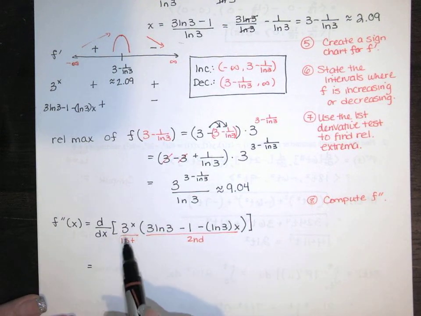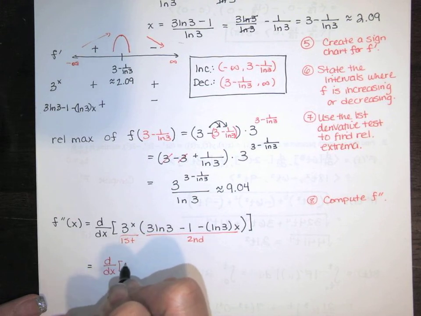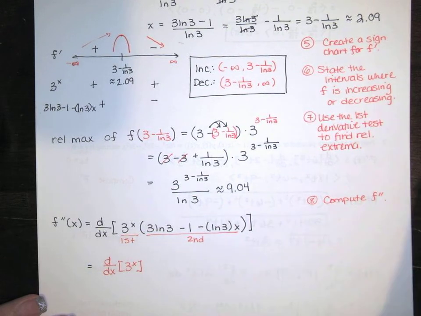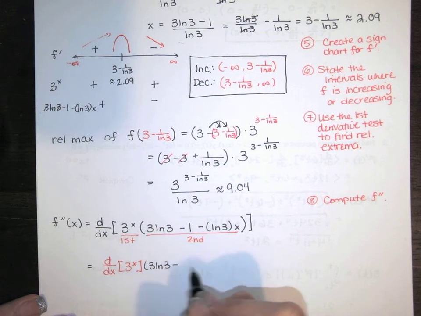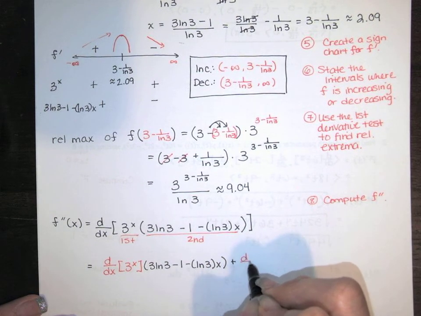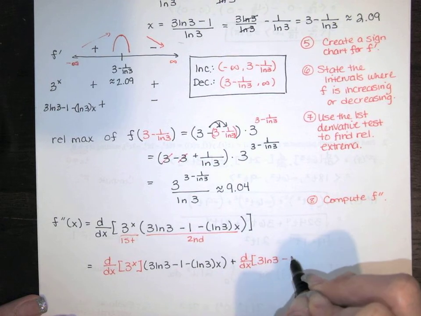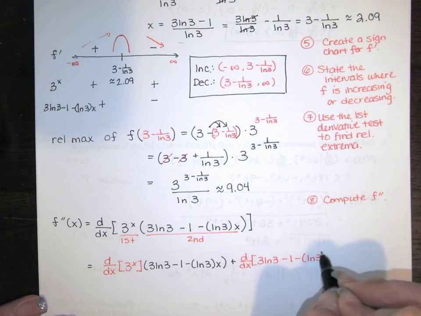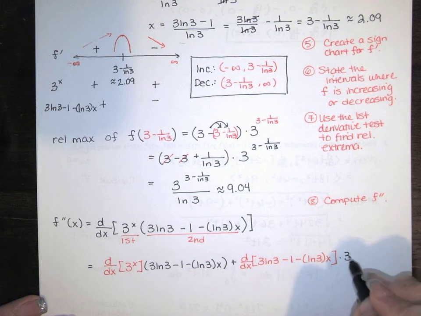According to the product rule, we get derivative of the first times the second function, undifferentiated, plus derivative of the second function times the first, undifferentiated.